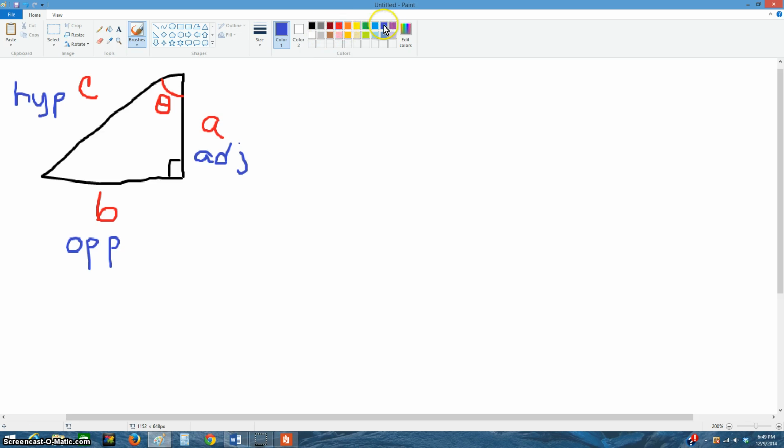So let's start off with sine of theta. Remember SOHCAHTOA. The trig ratio for sine is opposite over hypotenuse. All right, so what letter represents opposite? Letter B. And what letter represents hypotenuse? Letter C. Great.